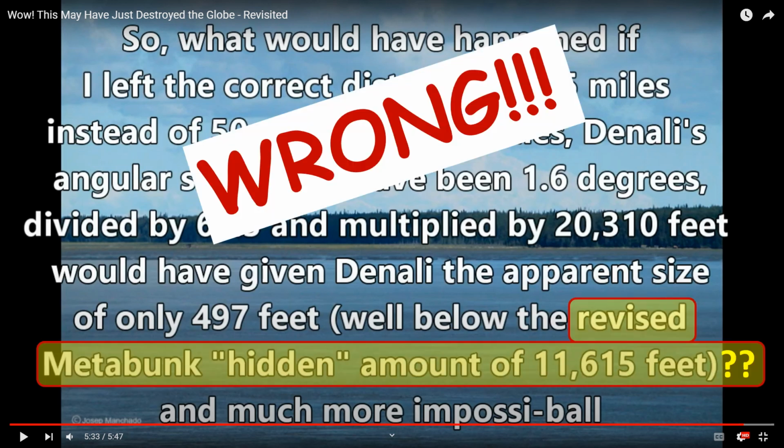Again, this is not even close to being correct because Taboo did not revise the Metabunk hidden amount. What he revised was Denali's actual size down to an even more ridiculous 497 feet.